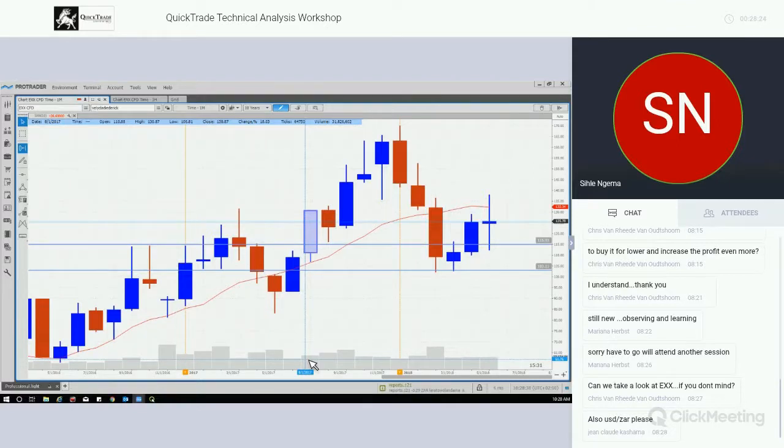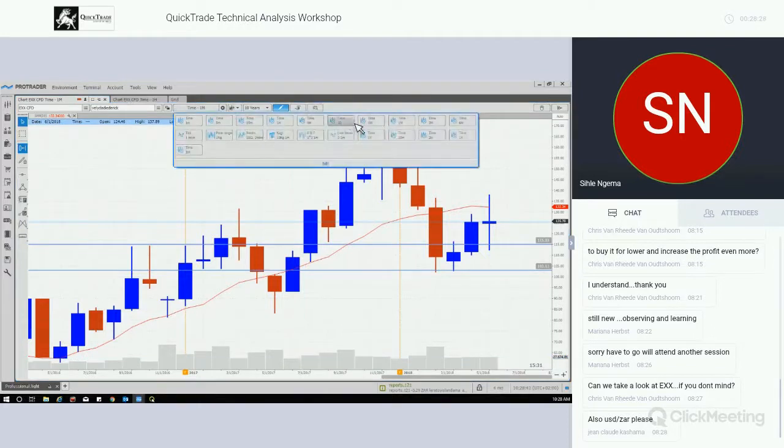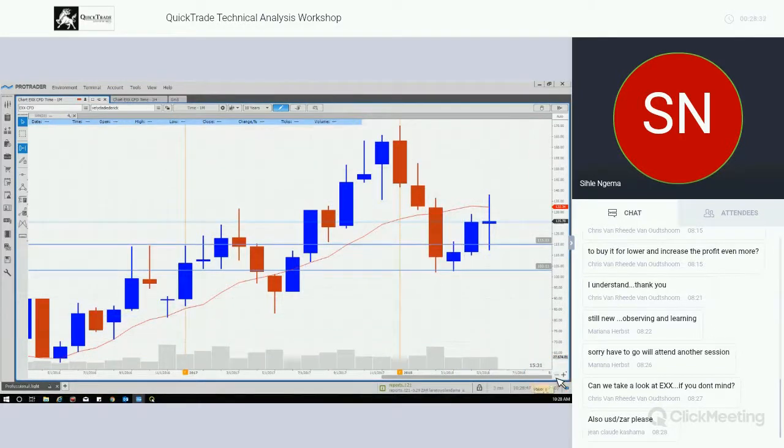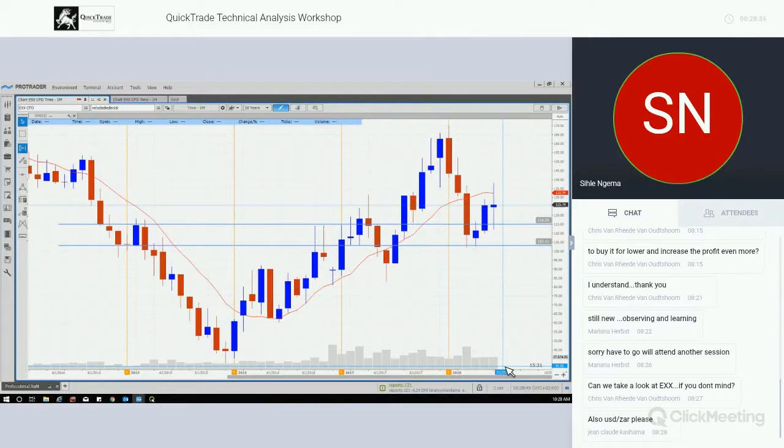From 115, it went up to 135. I think we're still going to see this market moving a little bit higher. But what worries me is this area here.